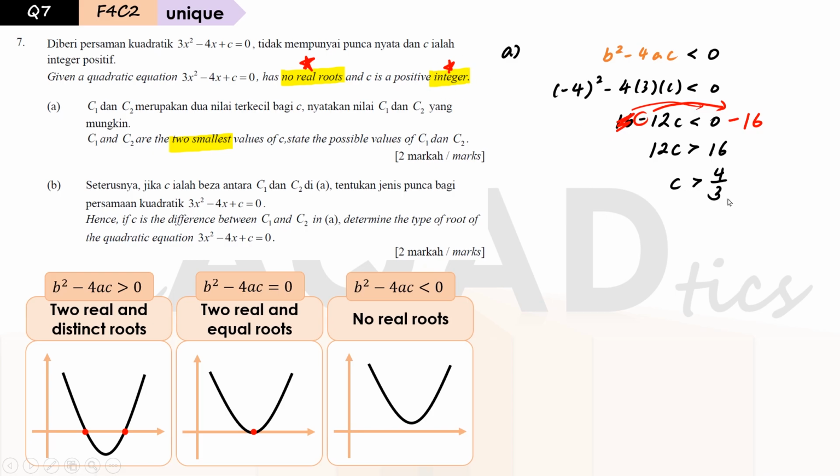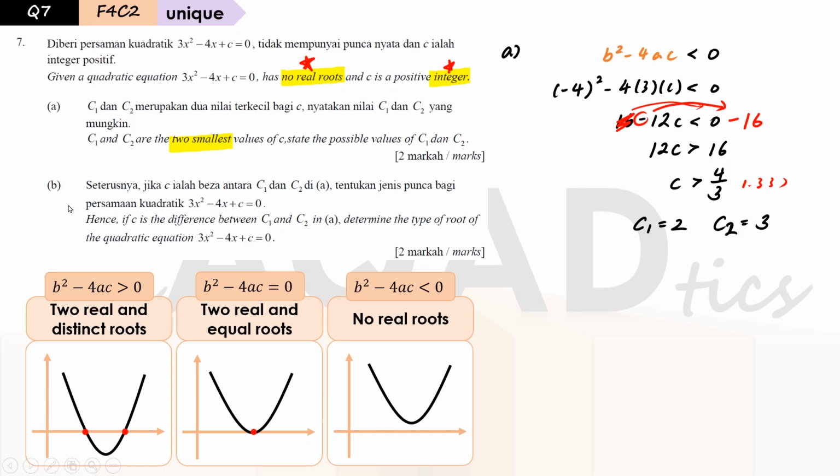Since c must be greater than 4 over 3, which is 1.333, the smallest integer will be 2, and the next integer will be 3. These are the two smallest integers according to this condition. Because c must be greater than 1.333, it cannot be 1, so it will be 2 and 3.